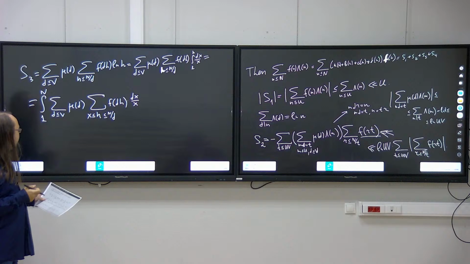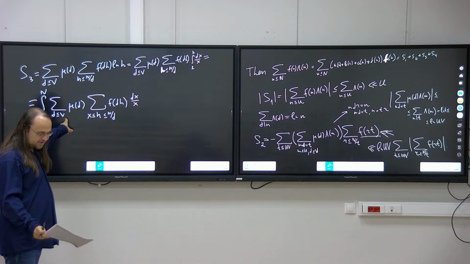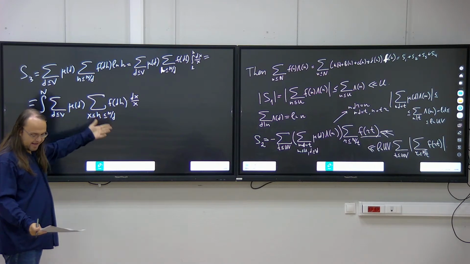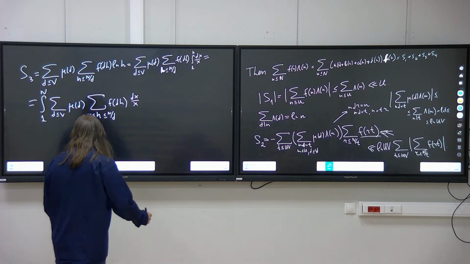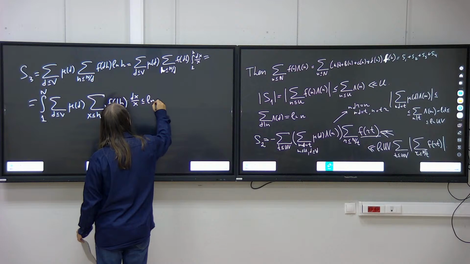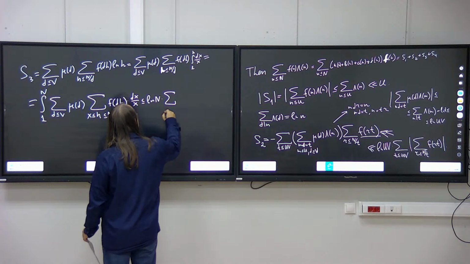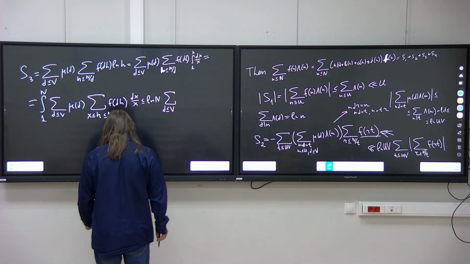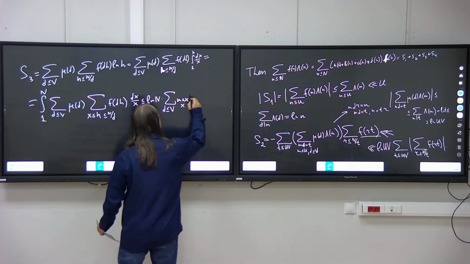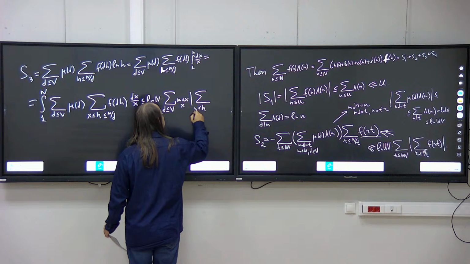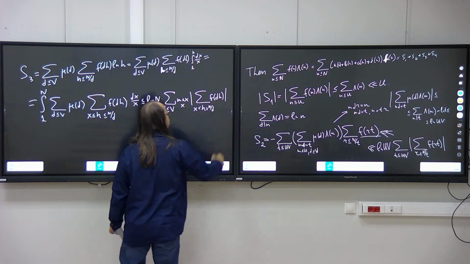Then what? Well, for any fixed d, you can estimate this by the maximal value of your sum. So let me write down the estimate, and then you can agree with me or disagree with me. This is at most log n multiplied by the sum over all d less than or equal to v, maximum over all x, sum over all h between x and n over d, f of dh.